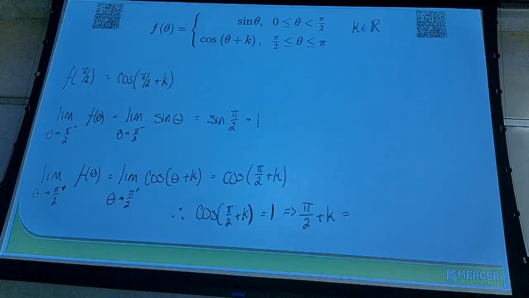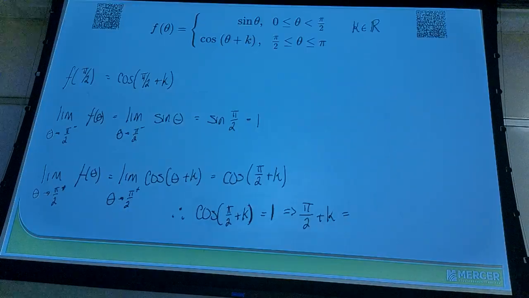Where does cosine equal 1? 0. Where else? 2 pi.